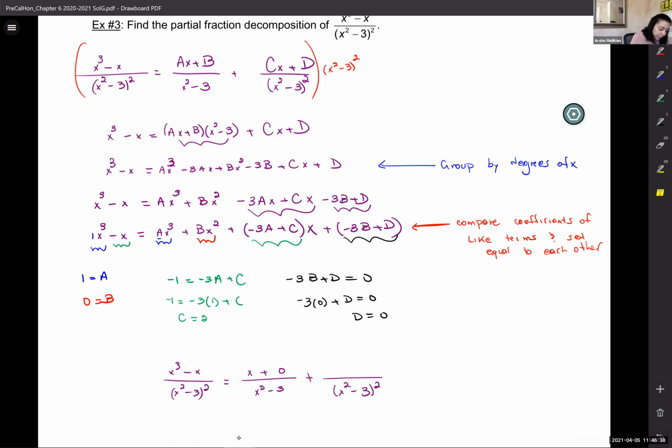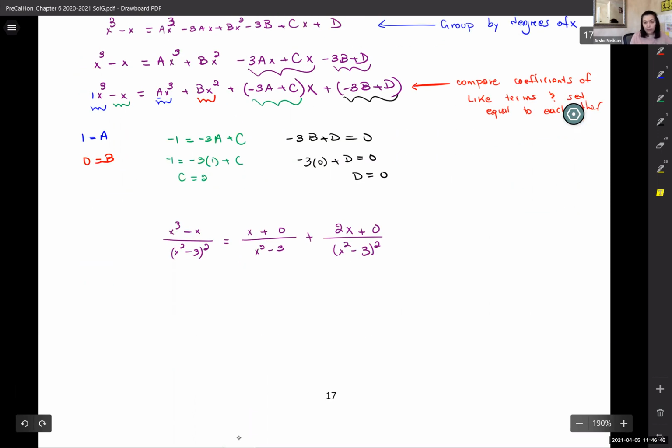Now we have cx plus d. So c is 2, x plus what's d? 0. But of course, we can't write with the zeros, right? So this is x over x squared minus 3 plus 2x over x squared minus 3 squared.